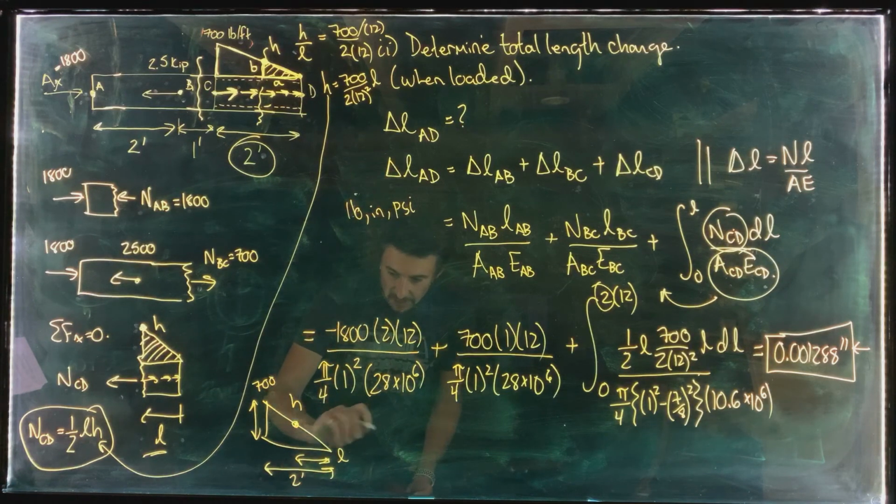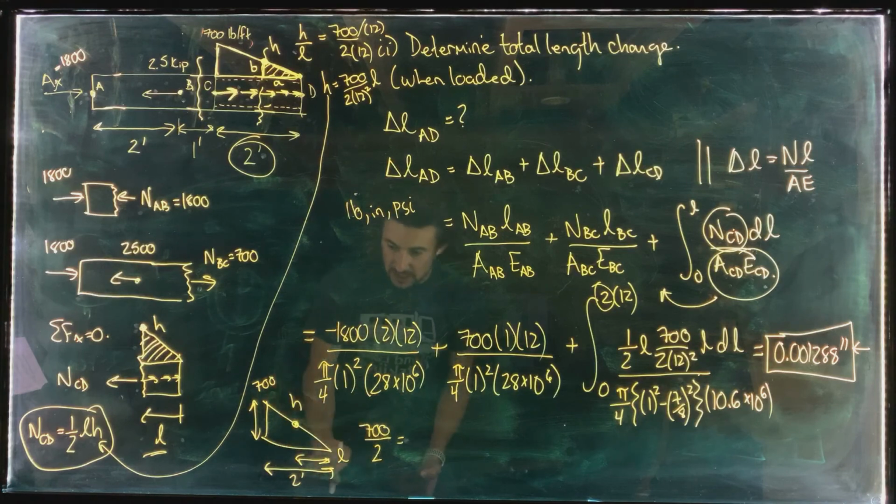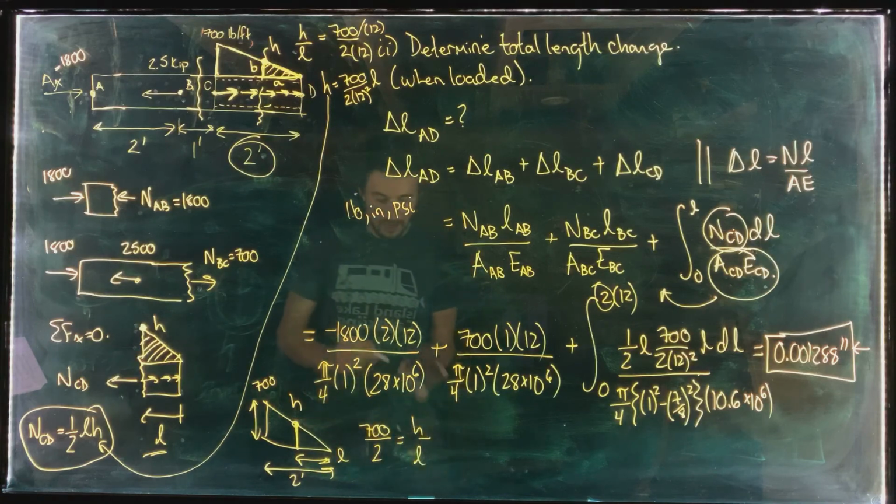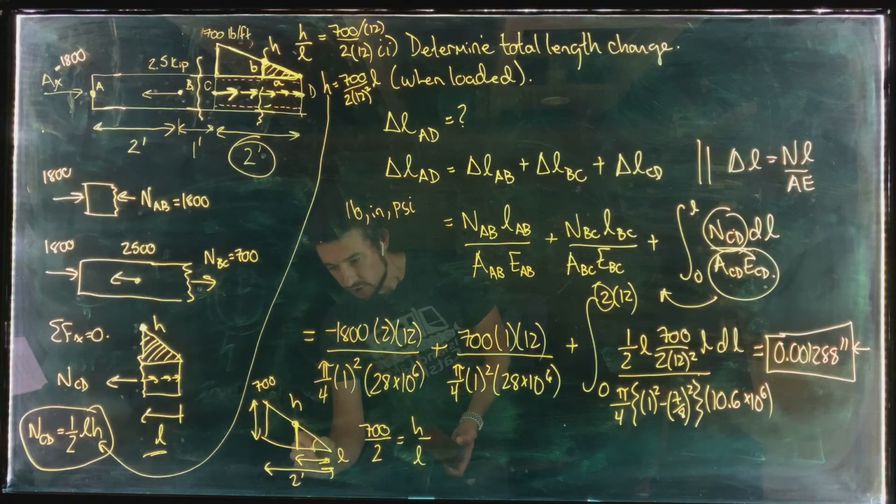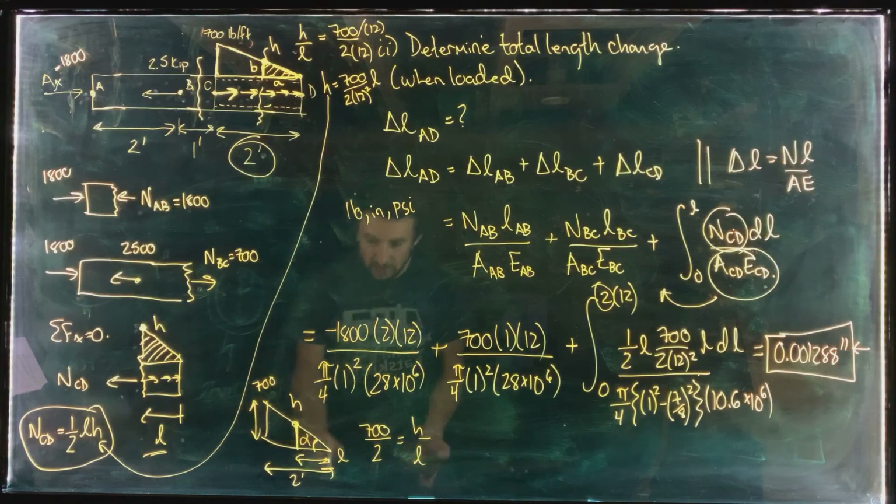So we said that the height of the whole triangle, 700, divided by its whole base, 2 feet, has to be equal to the height of the smaller triangle within it, h, divided by its base length, L. Why? Because they both share this same angle, alpha.